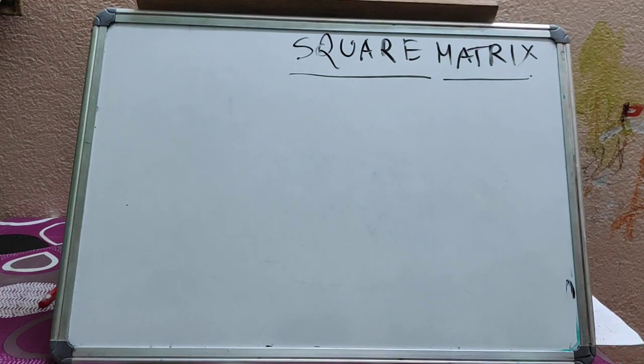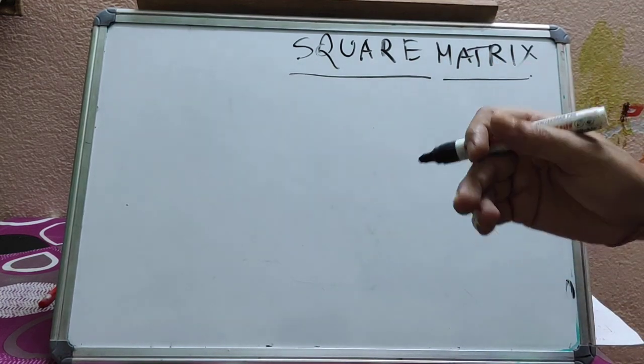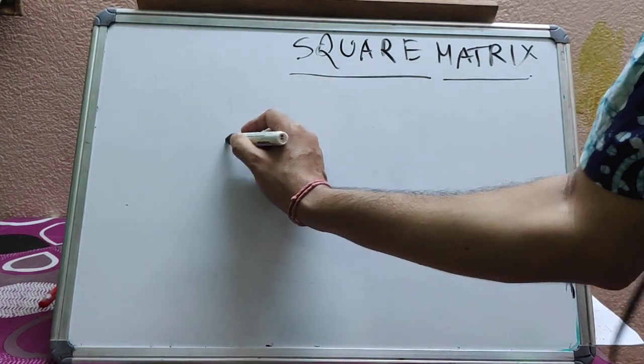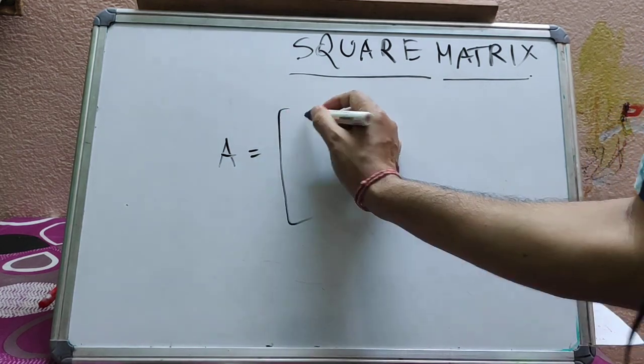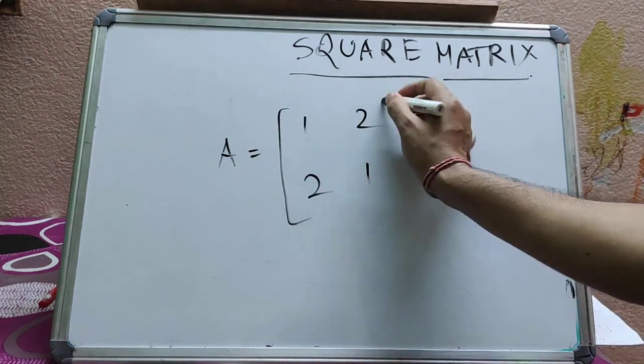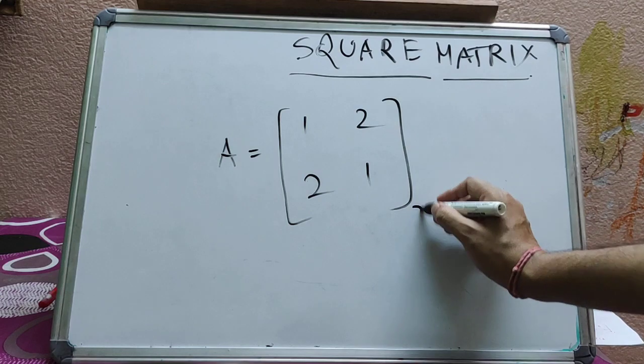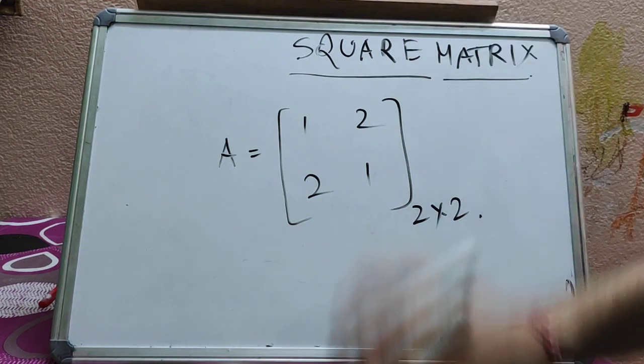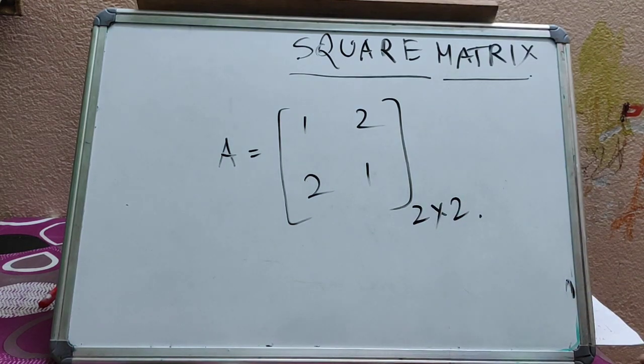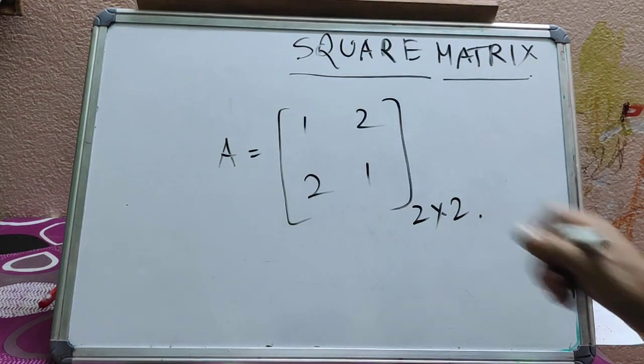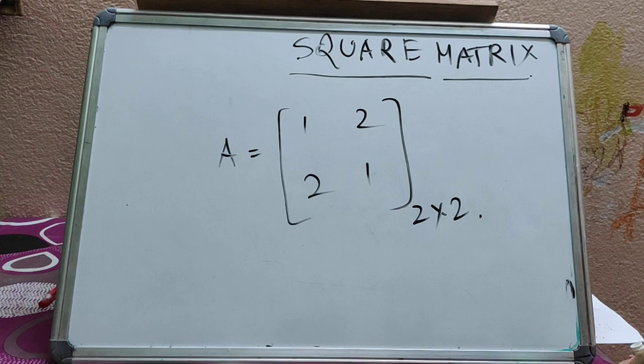It is very obvious from the name that square matrix means the rows and columns will be the same. Suppose we have 1 2 2 1. Here the number of rows is 2 and number of columns is also 2. So number of rows and columns are the same. So it will be in the shape of a square. So this is called a square matrix.